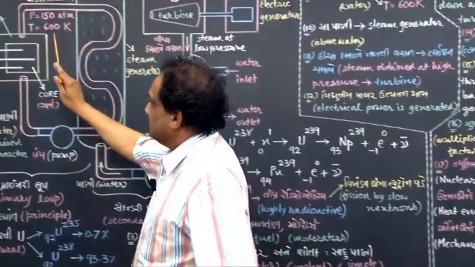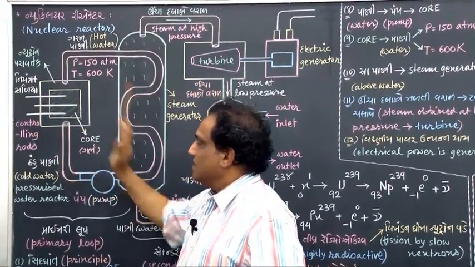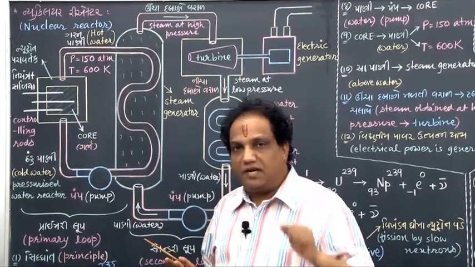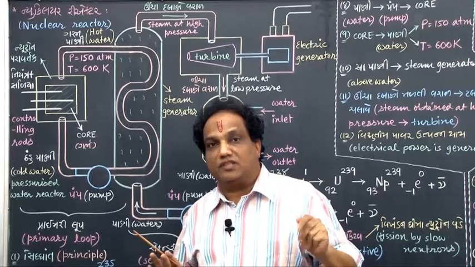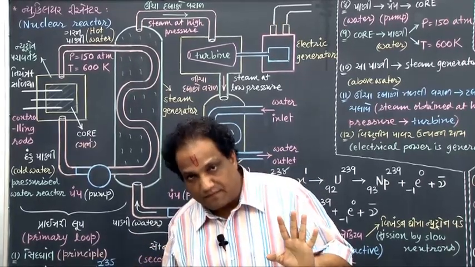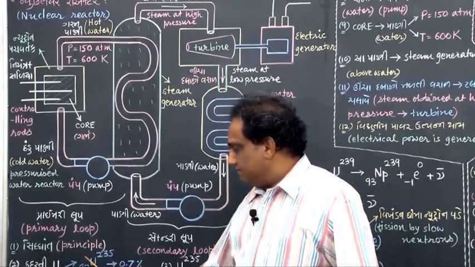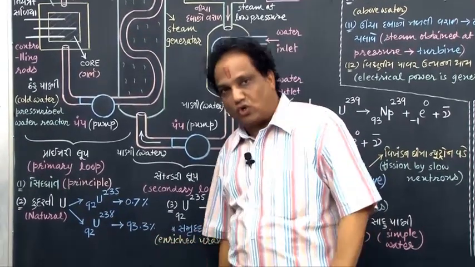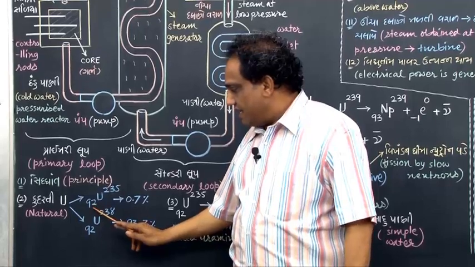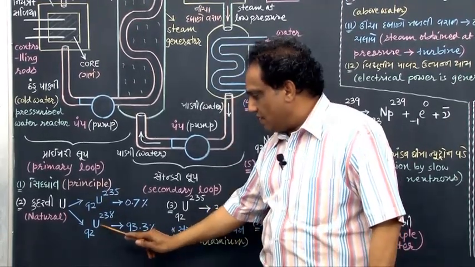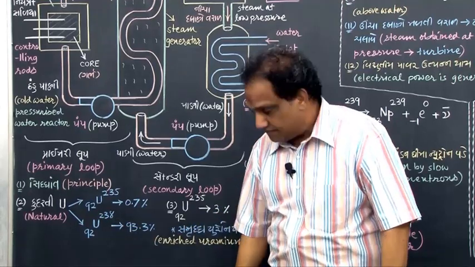Here we find a fission chamber in which there is a fuel which is normally 92 uranium 235. Actually in practice we find uranium having these two isotopes: one is 92 uranium 235, another is 92 uranium 238.